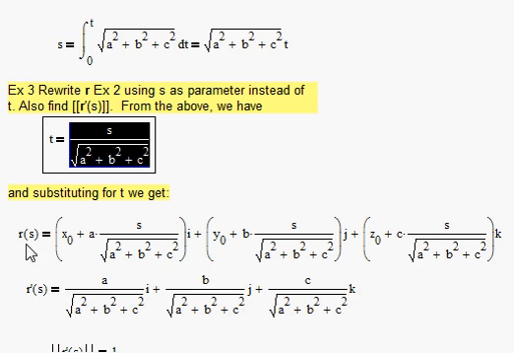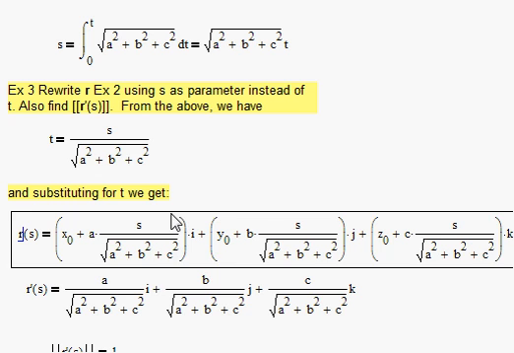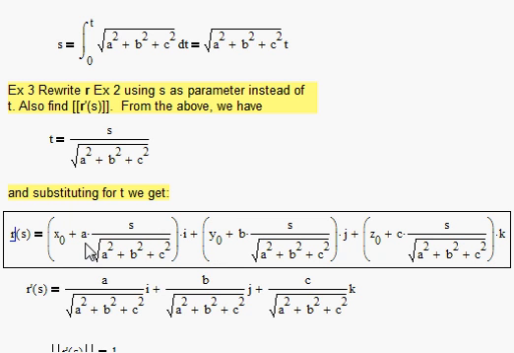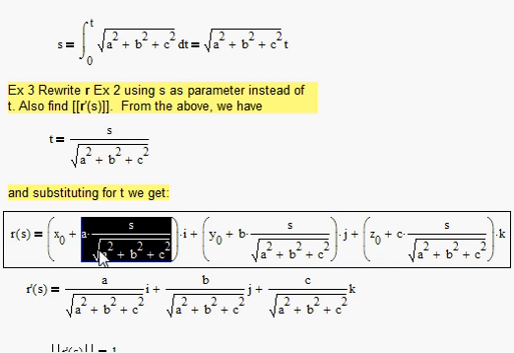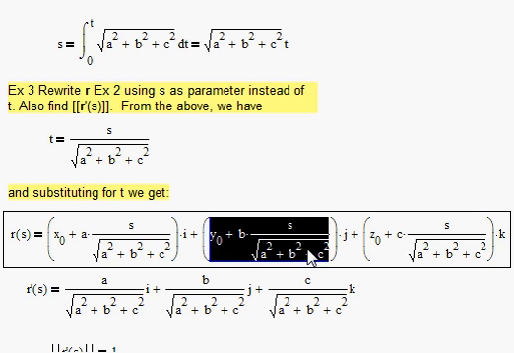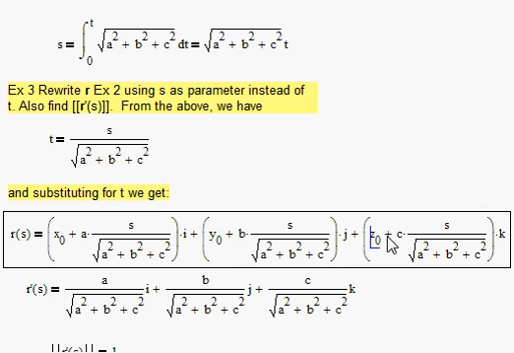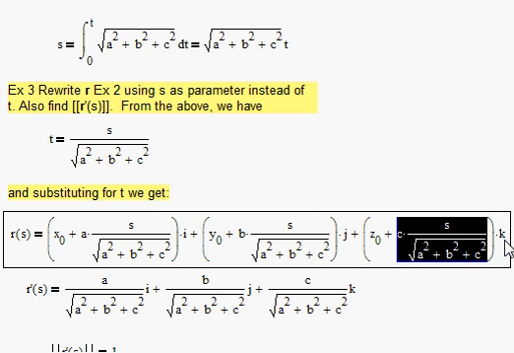So now our vector valued function with s as variable is x0 plus a times what used to be t but now replaced with s, i, plus y0 plus what used to be b times t is now b times this parameter, j, plus z0 plus c times what used to be t times k.